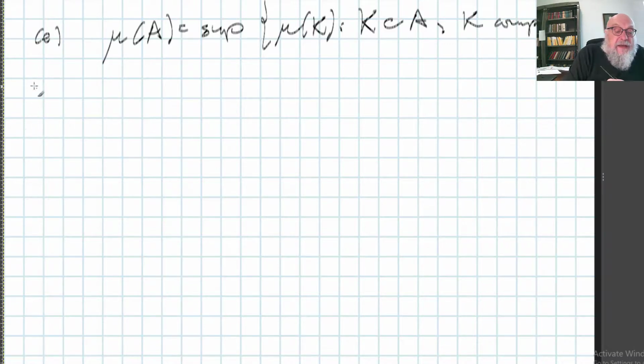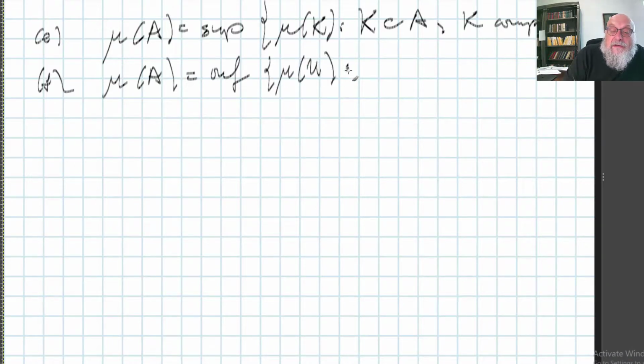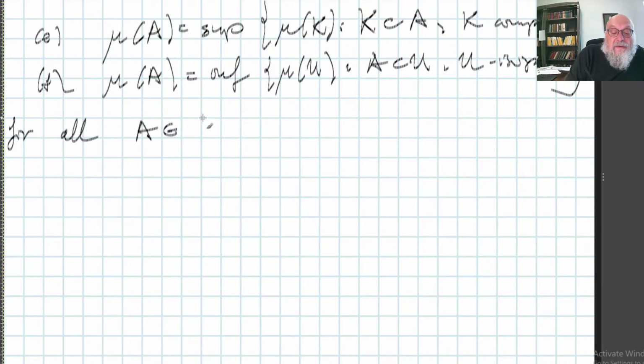And F: mu of A can also be written as the infimum of mu of U, where A is contained in U and U is open. This is for all A belonging to the Borel sets of G, and also g belonging to G.